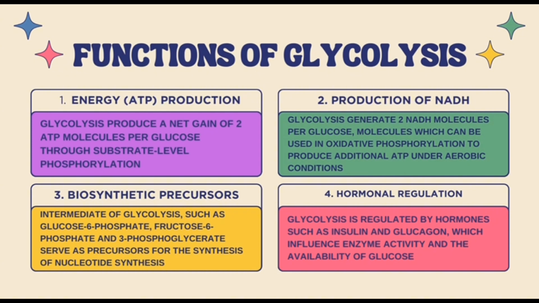Intermediates of glycolysis, such as glucose 6-phosphate, fructose 6-phosphate, and 3-phosphoglycerate, serve as precursors for the synthesis of nucleotides. The last function is hormonal regulation. Glycolysis is regulated by hormones such as insulin and glucagon, which influence enzyme activity and the availability of glucose.